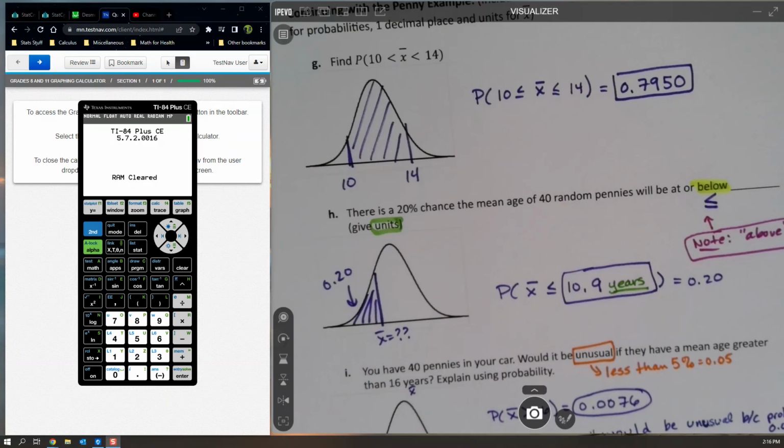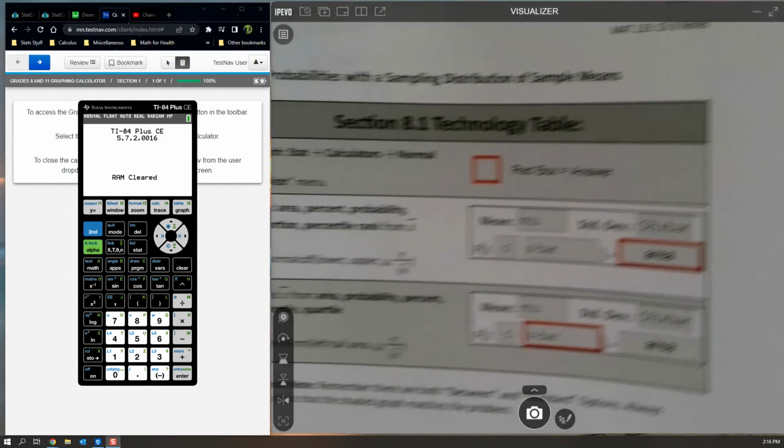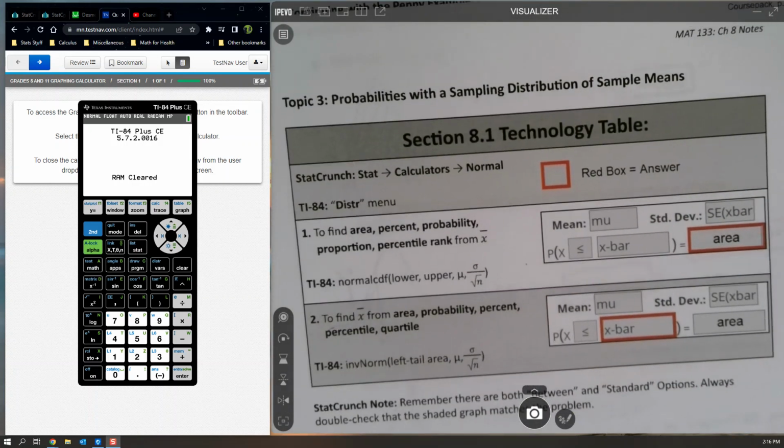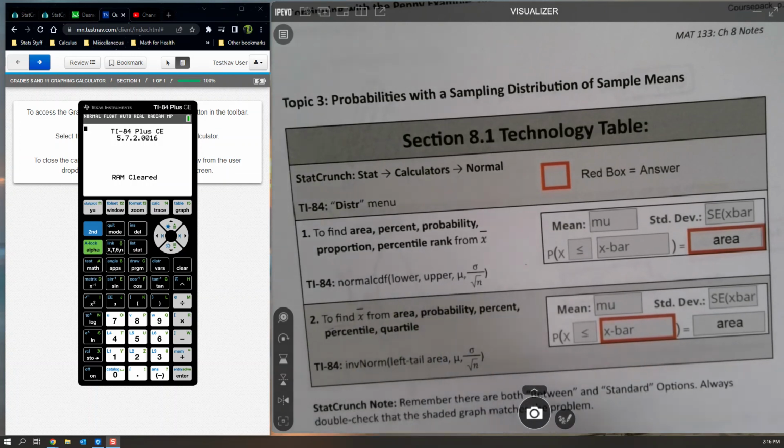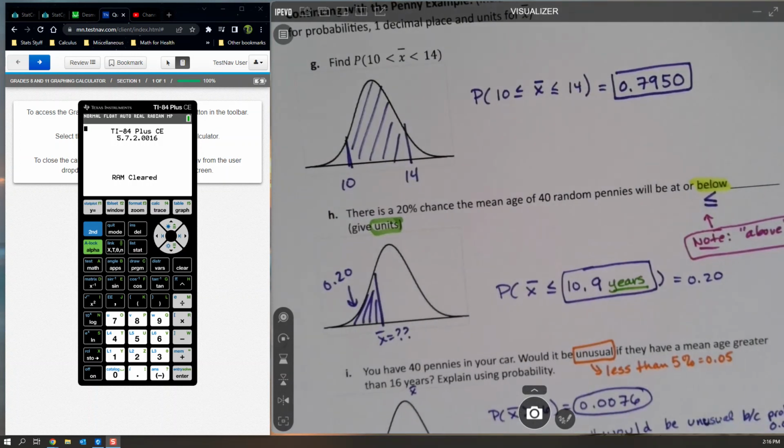Okay, so if we want to find the probability, we would use normal CDF. So for the first one, we would use normal CDF. So second distribution, normal CDF, you would say 10, and then you would say 14.